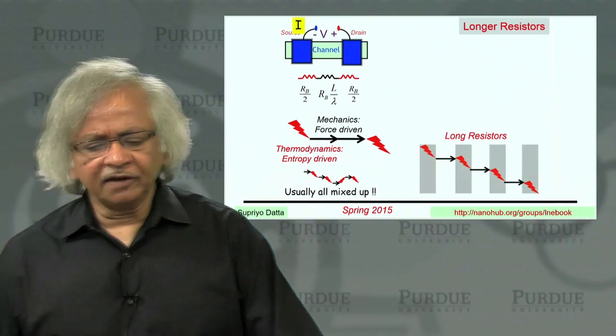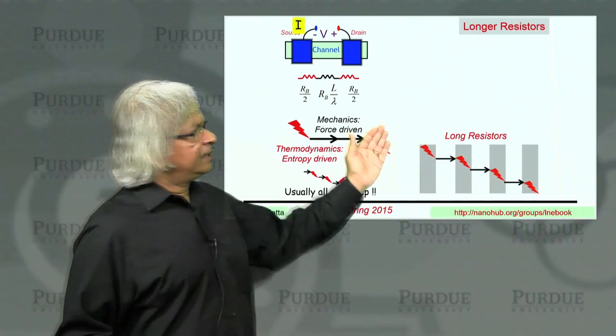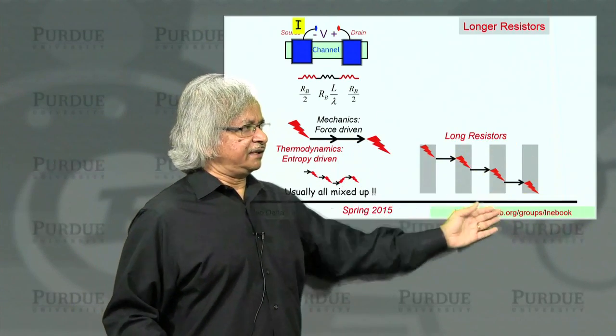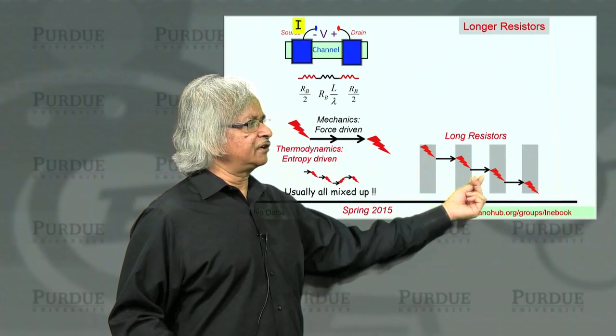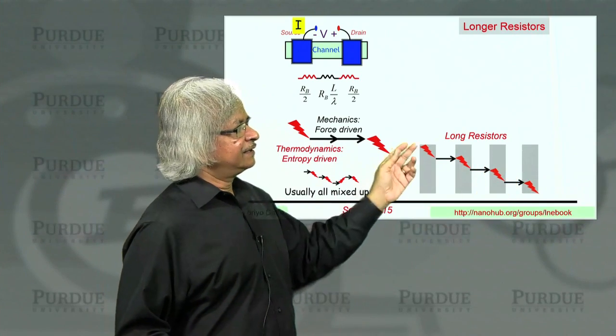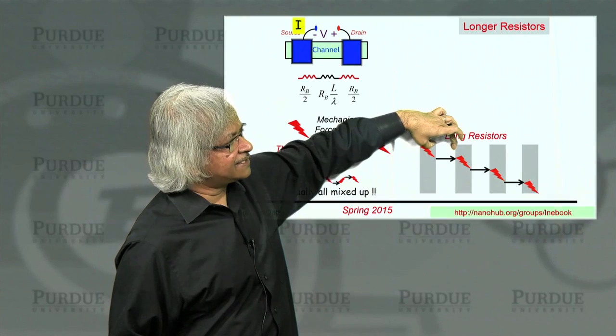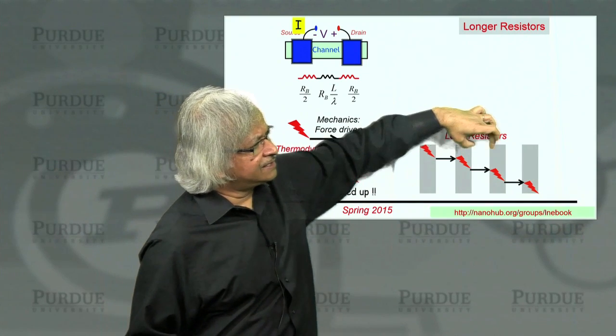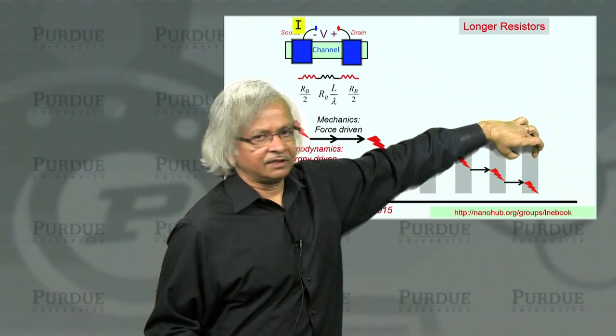And the answer is that when you have a big device, you can think of it approximately as a series connection of lots of little devices. That is, you have a little elastic resistor like this in series with another one, in series with another one.